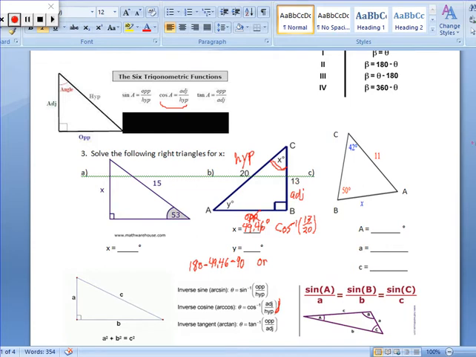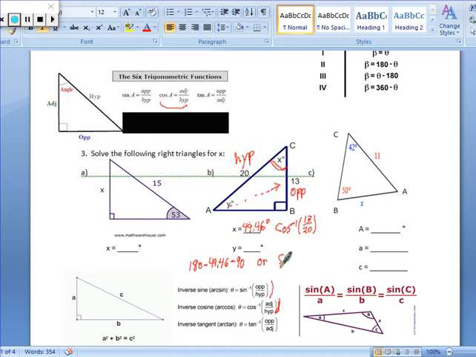So let's do some erasing here. When we're talking about y, the hypotenuse stays the same, but now the 13 is across from y. So this would be your opposite. And then opposite over hypotenuse, you would use inverse sine.